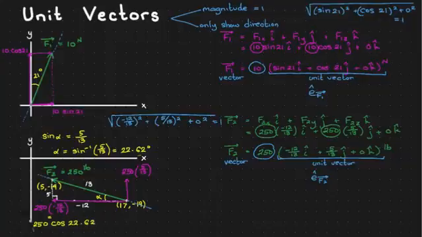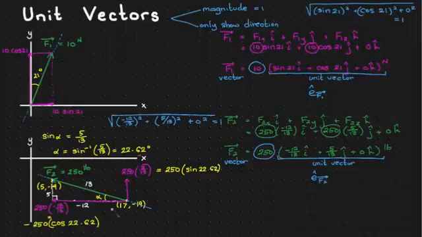And because it's to the left, I must put a negative sign in front of that term. How about the y component? Well, the y component is just equivalent to this component, and that component is opposite of alpha. So therefore I can express the y component as 250 times sine of 22.62.